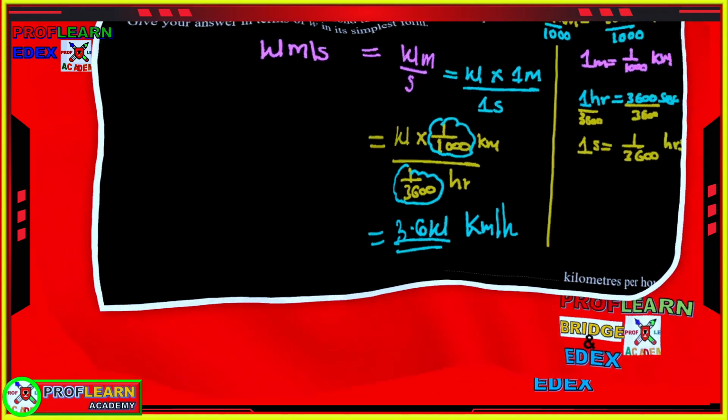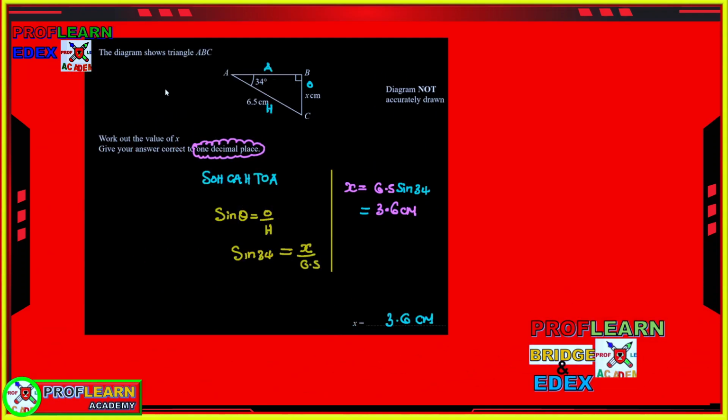All right, so let's move to the next point. This is testing whether you understand how to use trigonometric ratios, and we are going to use SOHCAHTOA. In this case, sine of an angle is opposite over hypotenuse, cosine of an angle is adjacent over hypotenuse, tan of an angle is opposite over adjacent, and that applies only for right-angled triangles.